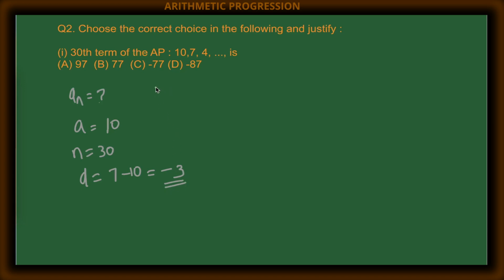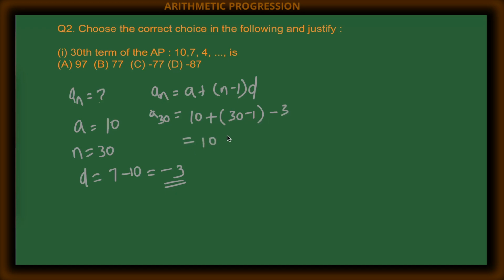So let's put our formula. An is equal to a plus n minus 1 into d. What do we know? We have a, we have n, we have d. So let's find the 30th term. A is given as 10 plus n, 30 minus 1, what is the difference? Minus 3.